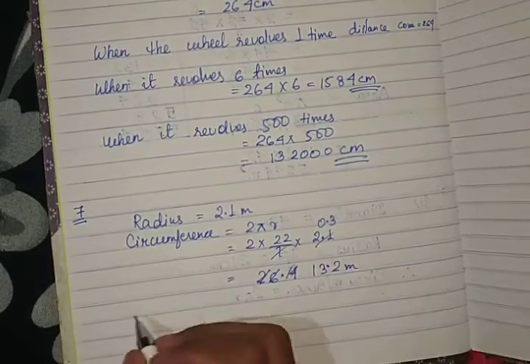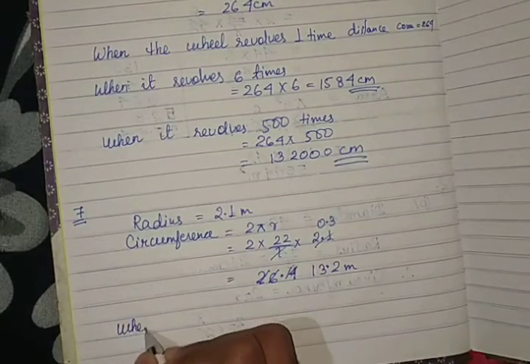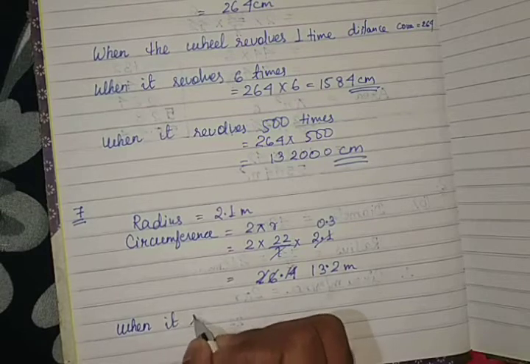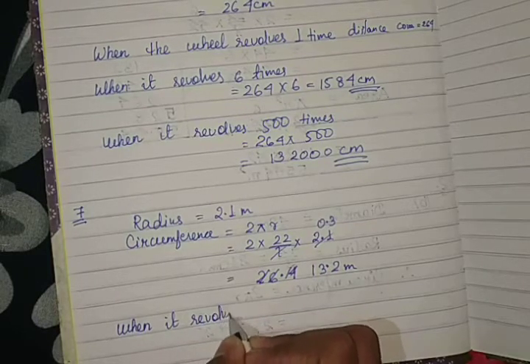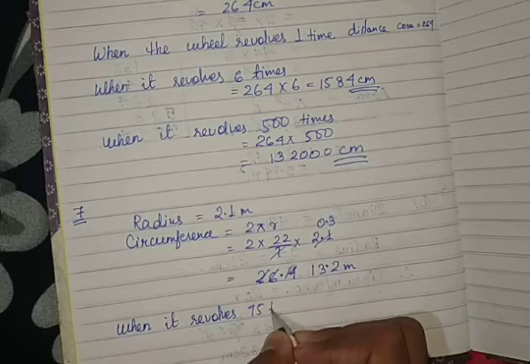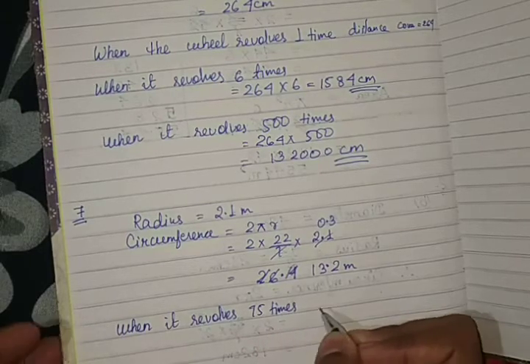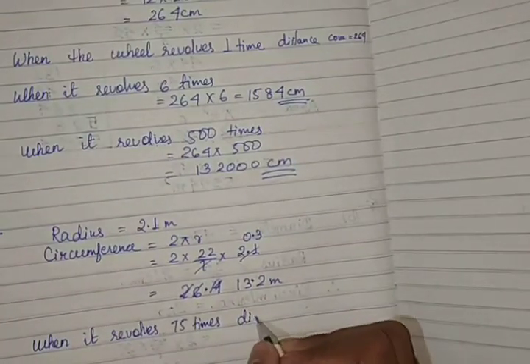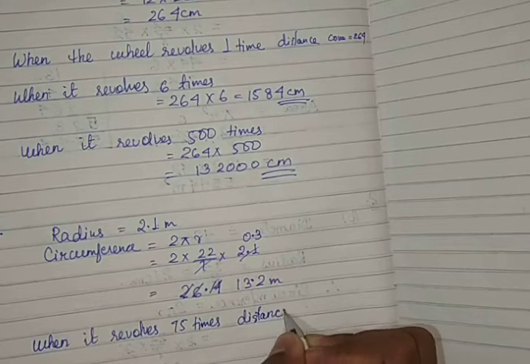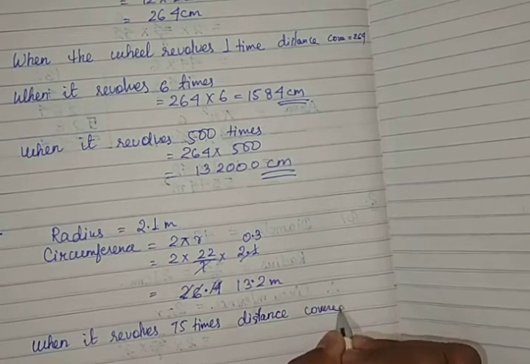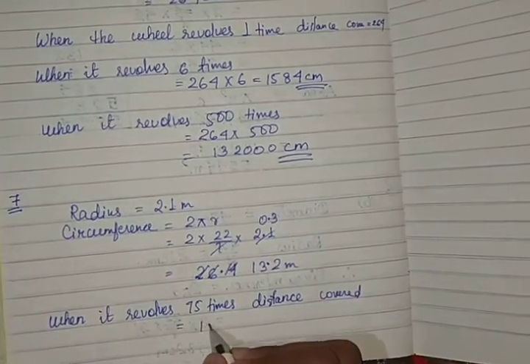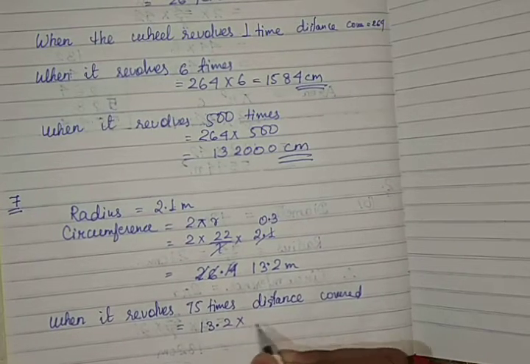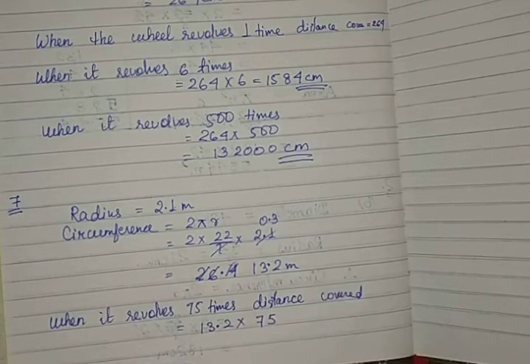Now let us see when it revolves 75 times. When it revolves 75 times, distance covered will be equal to 13.2 into 75.